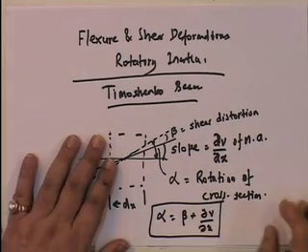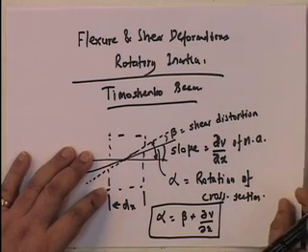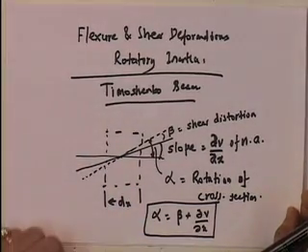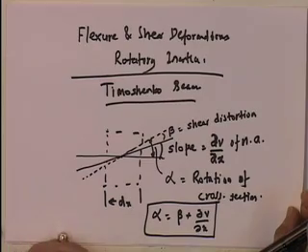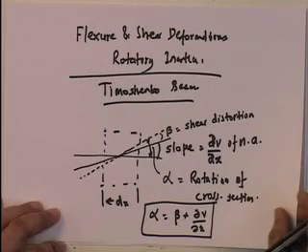This is the kinematics of the cross section. Understand that what I have done here is the kinematics of the cross section under both flexure and shear deformation. Now, let us look at the equilibrium.